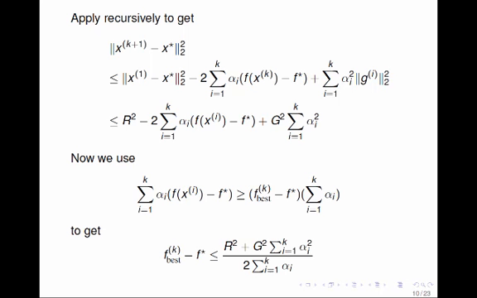So that's where this inequality over here is coming from. How about over here? Remember, F best is the record of the best iterate we found so far. Can you see why this holds?